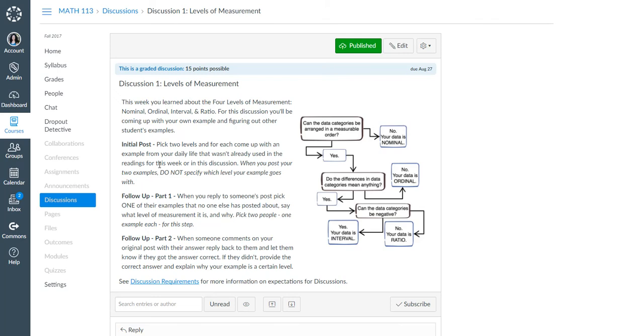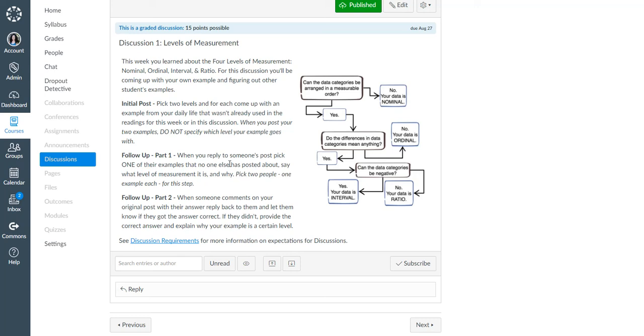When you post your 2 examples, do not specify which level your example goes with. Then, when you reply to someone else's post, pick one of their examples and say which level of measurement it is. For part 2, when someone says they think this is nominal or ordinal, you need to reply and let them know if they were correct. If they weren't, provide the correct response and explain why your example is a certain level.